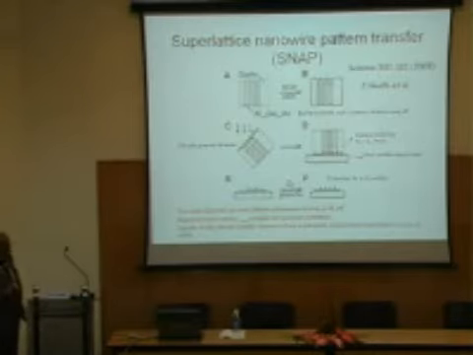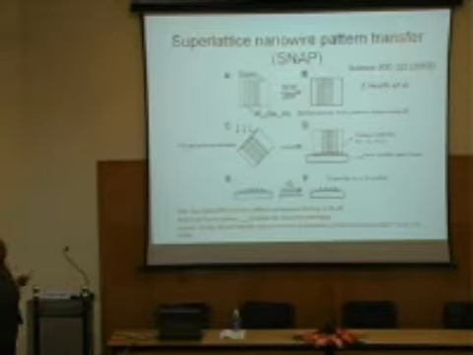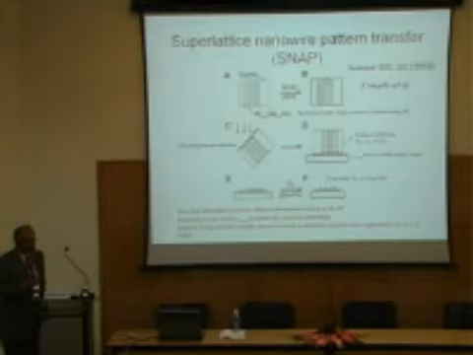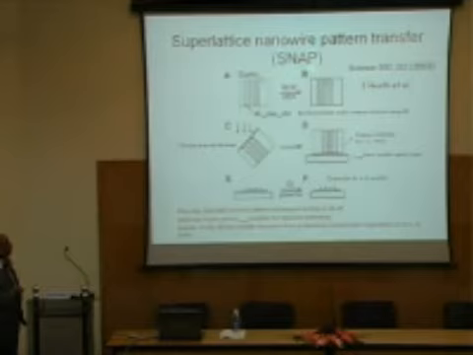Now this is more recent. This is the work of James Heath at Caltech, I think, and this is the modern technique of making nanostructures, where the technique is called the superlattice nanowire pattern transfer technique.